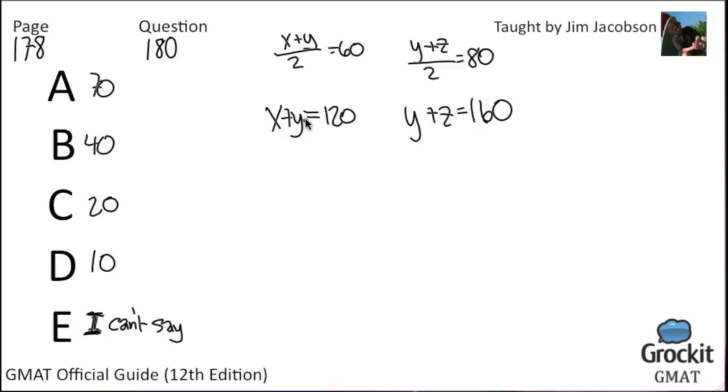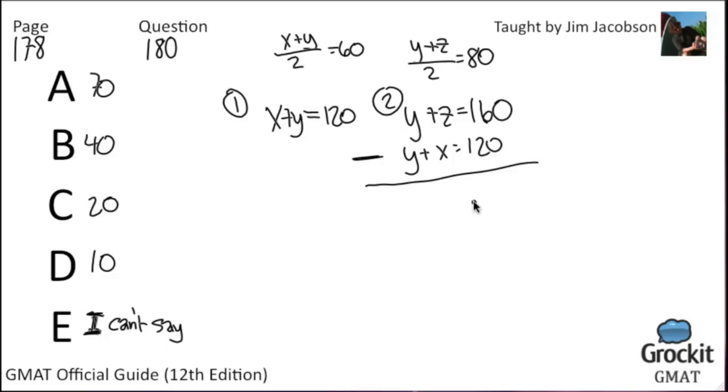So we can just subtract equation number 1 from equation number 2. If we rewrite this as y plus x equals 120 and subtract that whole thing, this is what's called the combination method of solving systems of equations.